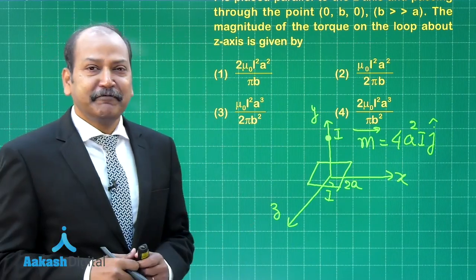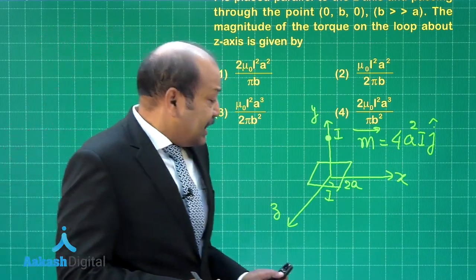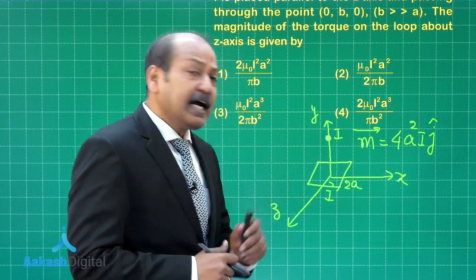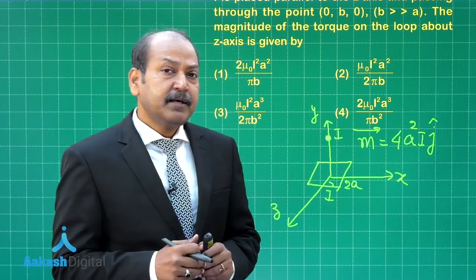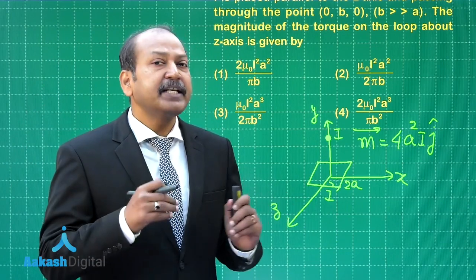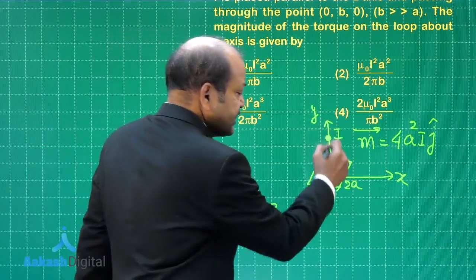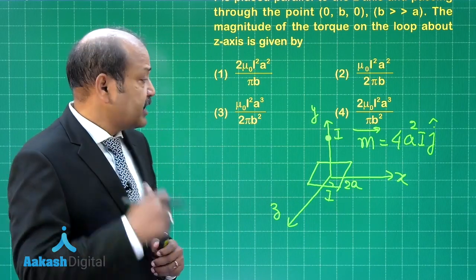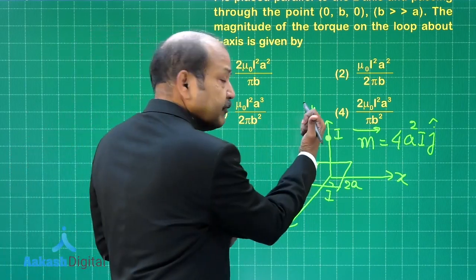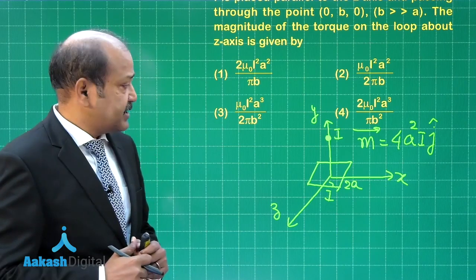What about the magnetic field? Well, the magnetic field at the origin is given as mu naught I by 2 pi b, that is the magnitude, because this distance is b. So, what about the direction of that magnetic field due to the current I, which is flowing along the z axis?